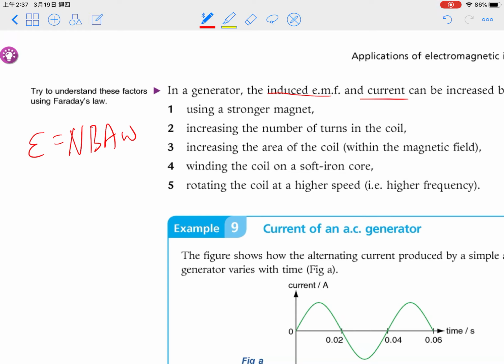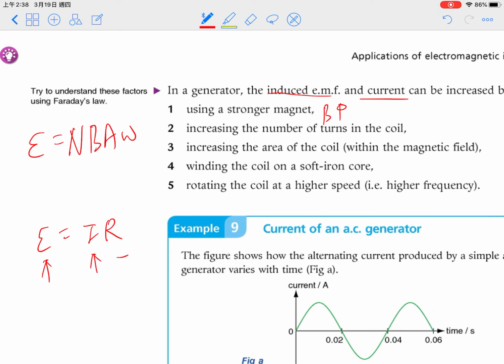So there are 5 ways to increase the induced EMF and induced current. For induced current, we go to I = V/R. If we can increase induced EMF for the same resistance, we can also increase induced current. So there are 5 cases to increase induced EMF and current.